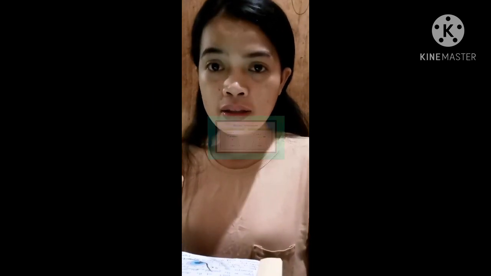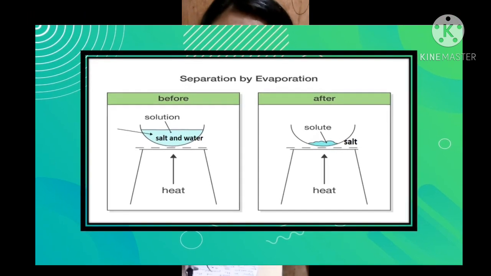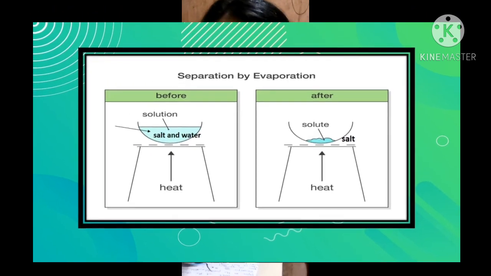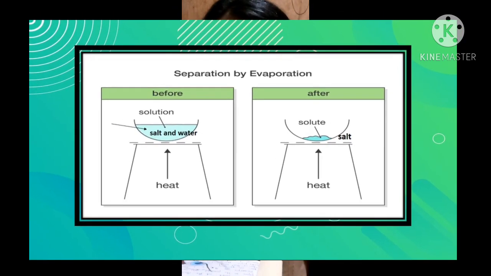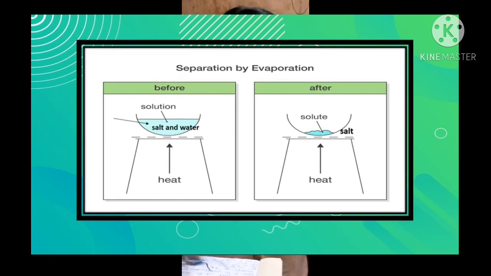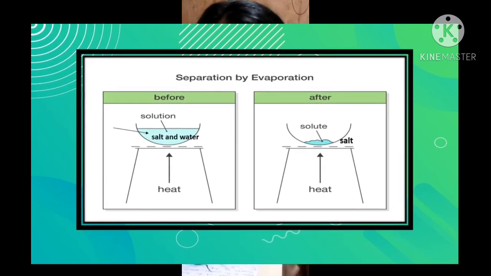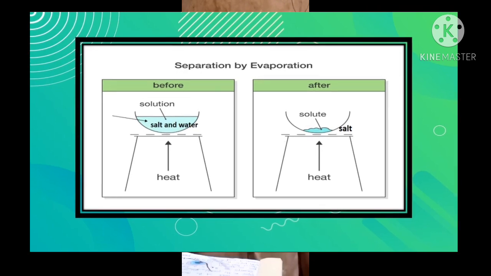So, take a look at the example, the salt and water solution can be separated through evaporation. By using heat, the liquid or water will turn into a vapor, which is the gas, leaving the soluble solid behind, which is the salt.